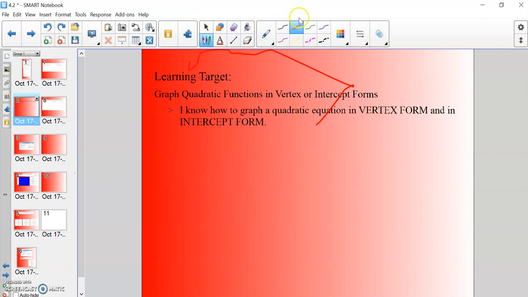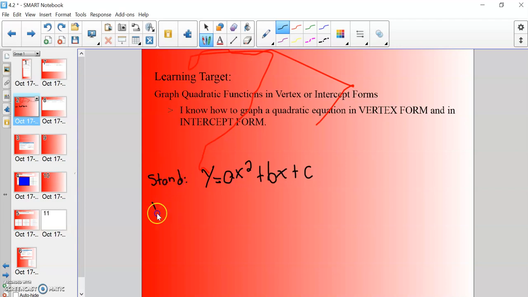Standard form, if I change colors, of a quadratic is y equals ax squared plus bx plus c. So obviously vertex and factored form are going to look different. We'll look at that today. But you need to be able to graph from all three forms.